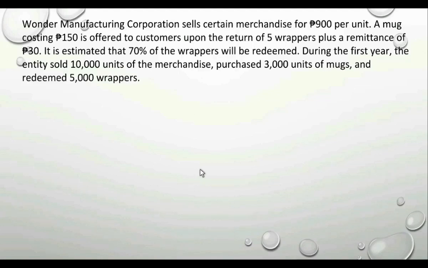It says here, during the first year, the entity sold 10,000 units of the merchandise. There is no mention as to whether the sales of the merchandise inventory are on account or on cash basis. So we assume cash basis.